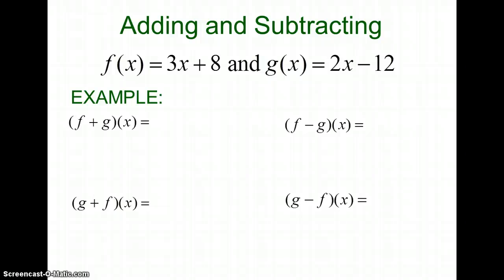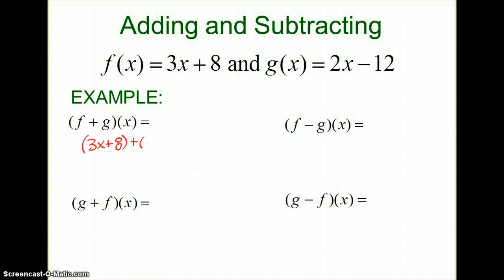So what I'm going to do to these two functions, first of all, is add the two functions together. So I'm just going to be adding 3x plus 8 and 2x minus 12. And like I said, the actual operation of adding these together is not all that difficult. So to do f plus g, I'm going to take function f, which happens to be 3x plus 8. I like to keep my functions in parentheses until I'm sure what I'm actually going to be adding or subtracting.